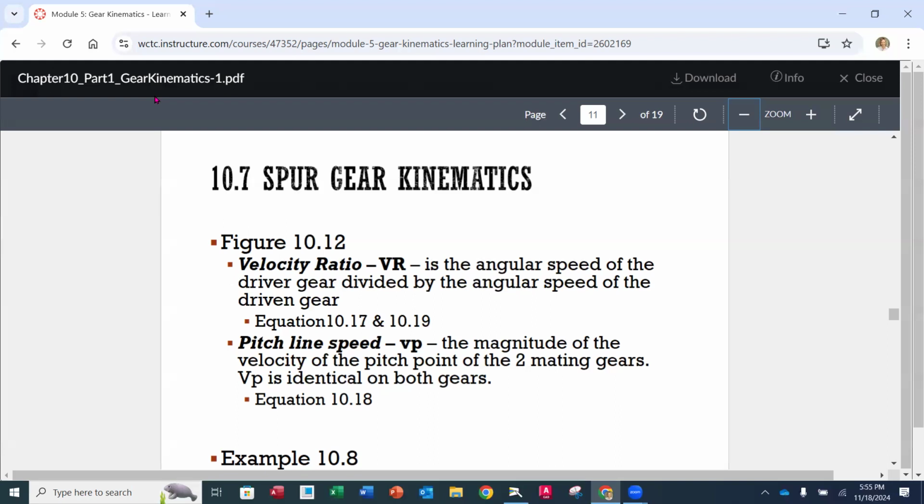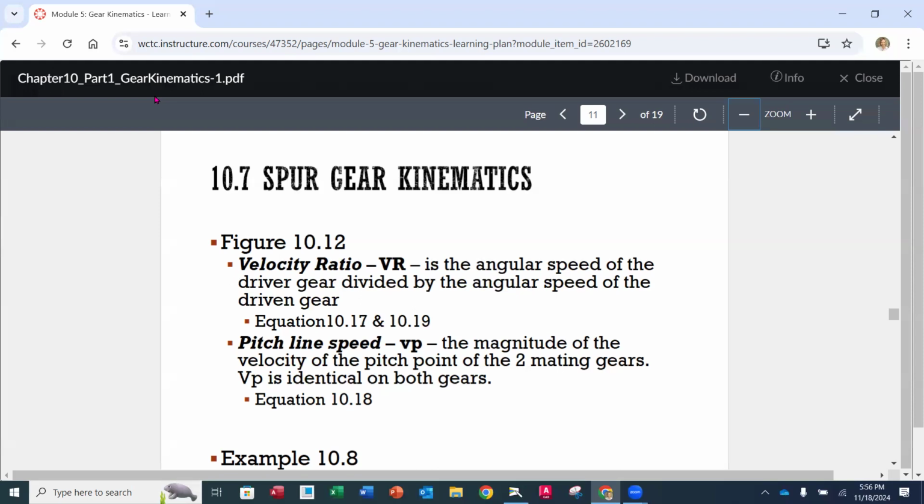Spur gear kinematics is looking at what is the velocity ratio between two gears. So when I have a pair of gears that are going to be in engagement, each of them is going to have an angular speed, okay? That's going to be our W. And when we take the angular speed of the driver, which most often is going to be the faster moving gear, meaning it's coming off of a motor or an engine, divided by the driven gear, we are going to get a number or a ratio.